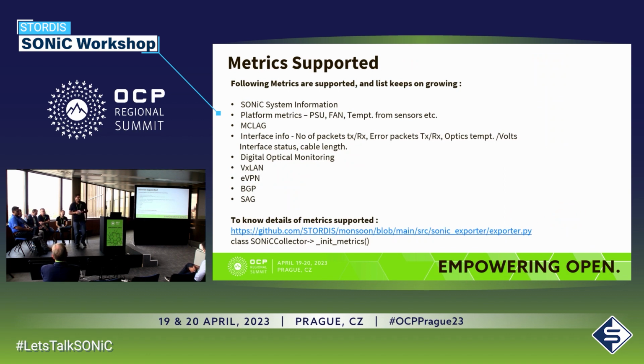So now, what metrics are supported by SONiC exporter as of today? I will briefly mention the SONiC system information. This includes your device version, SONiC version, and lots of other things we will see in the demo as well. Some platform information, like power supply unit status: are they operational?